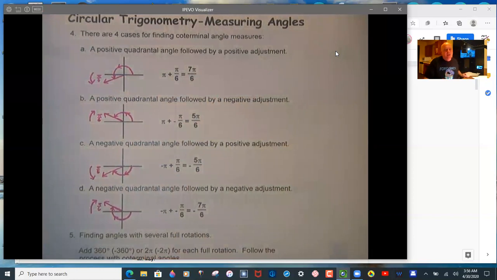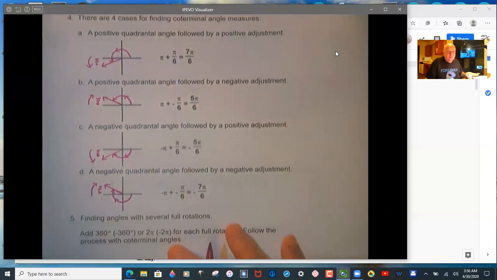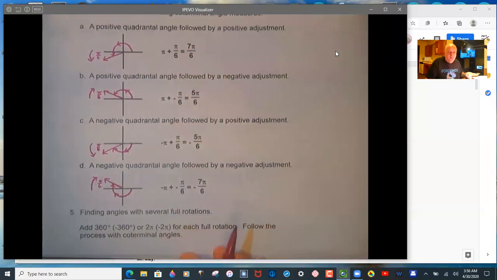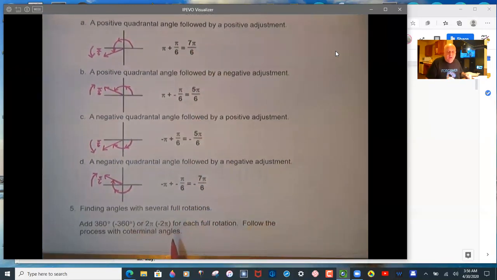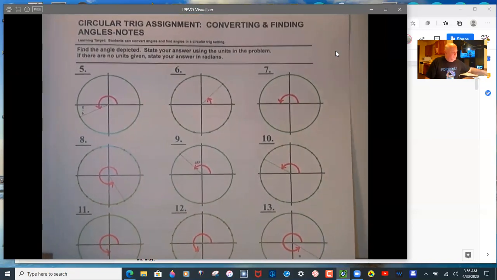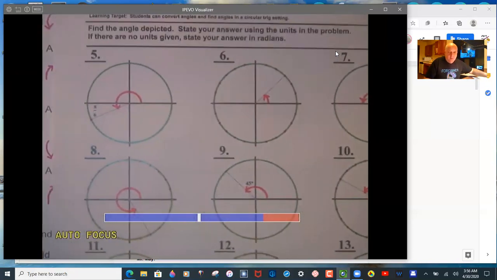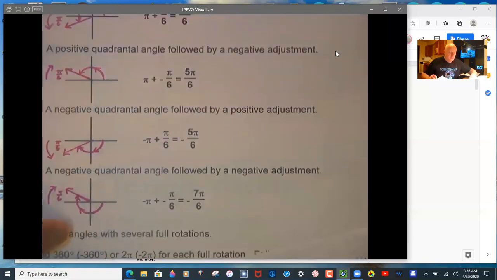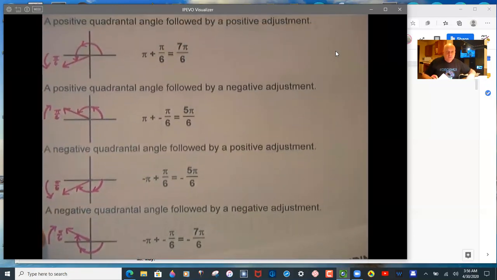Treat the pi like a variable, and then put the pi in the answer. And there's all these different cases here. And then you can also have several rotations happening. So the second part of your assignment. Literally, if you don't have scale marks, it's going to be one of these 4, the idea.